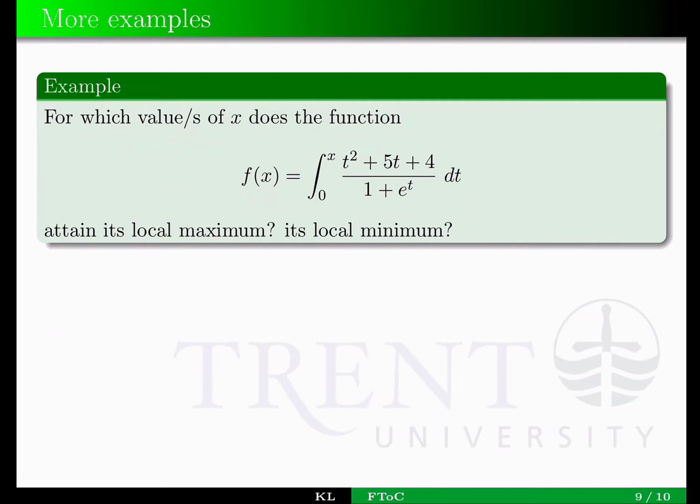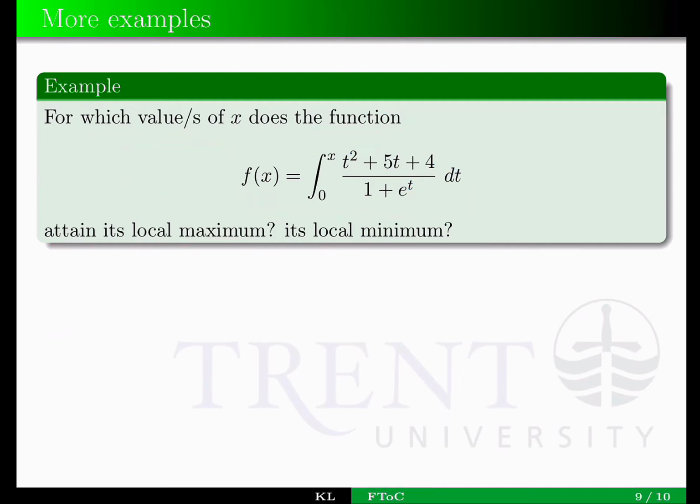Remember from Cal 1, when we want to find a local maximum or local minimum, we can do it by getting the critical numbers of your function. Finding the critical numbers is done by using the derivative of the function.